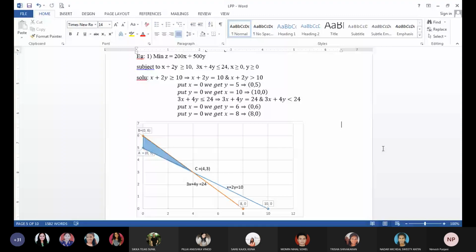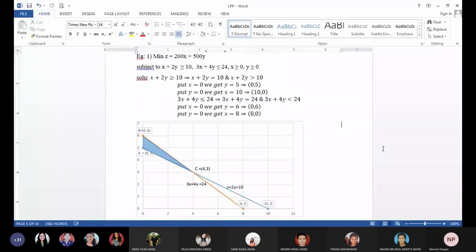equal to 10. Now we have x plus 2y greater than 10. So the region for the line x plus 2y greater than 10 would be above the line. Yesterday we had discussed all this in detail.